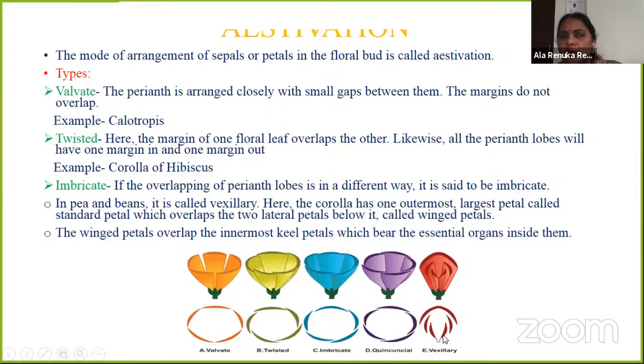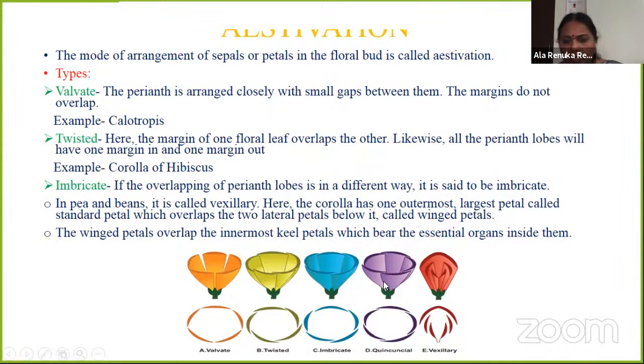Once they open, the androecium, the stamens, get exposed and they brush the pollen on the insect. When this insect visits another flower, it helps in pollination. So the opening of the flower is by piston mechanism. It is a characteristic feature of Fabaceae members.